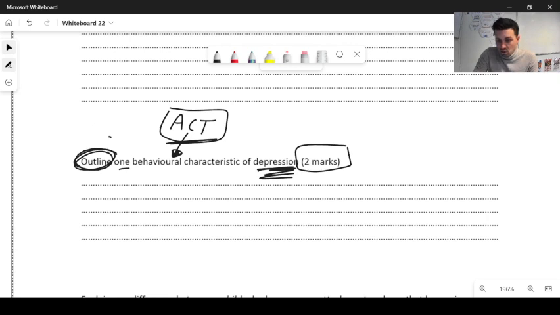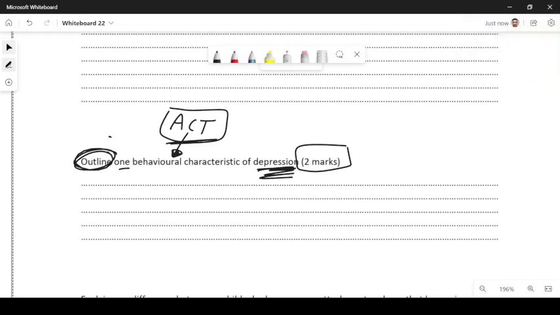Okay, so if I go to this here, let me just get the pen back on. So personally, for this question, I would probably either go down the lack of energy route and how that might impact in terms of sleep.